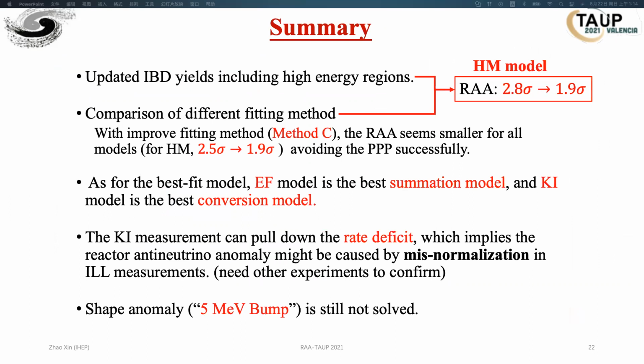The KI measurement can pull down the rate deficit, which indicates that the RAA might originate from the misnormalization in the ILL measurements, and it needs other experiments to verify. Our work is mainly concerned with the rate anomaly, and the shape anomaly is not solved in our work for now.